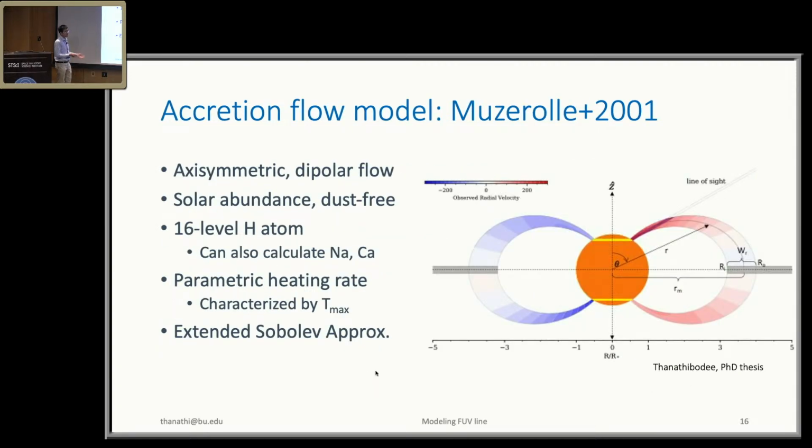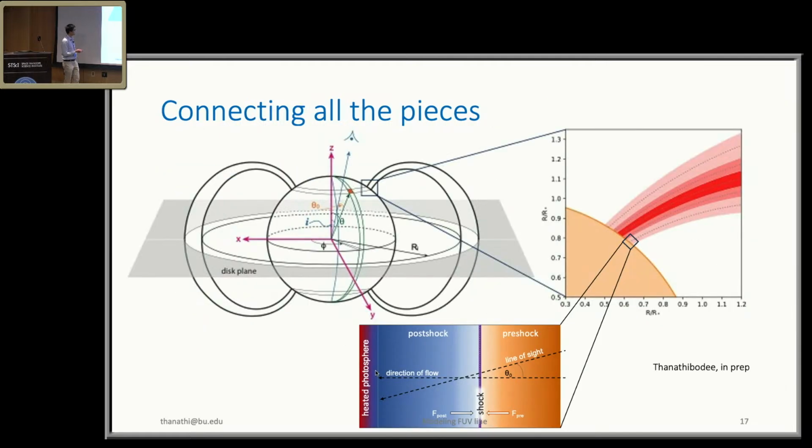The accretion flow model is from James Muzerolle, who is here at Space Telescope, probably not in this room, but 20 years ago, he had this model where it's assumed very simplistically axisymmetric dipolar accretion flow. So it lands on the star as a ring and assumes solar abundance in this flow and calculates the line profile of hydrogen.